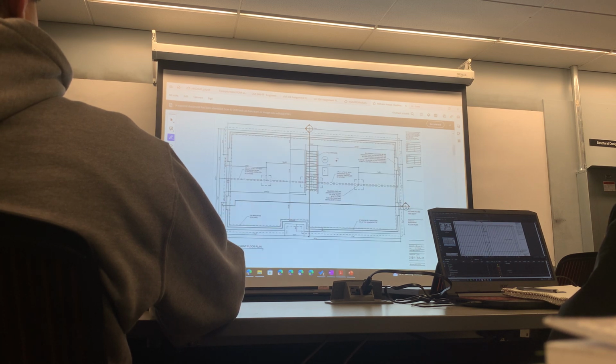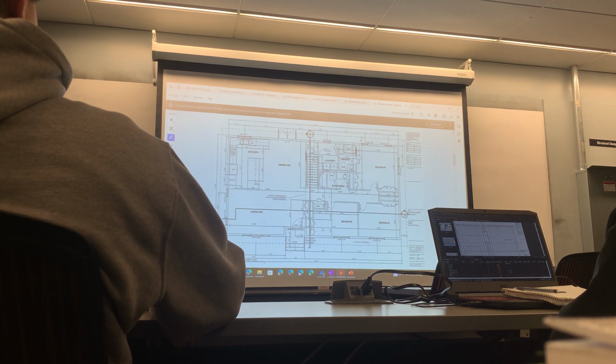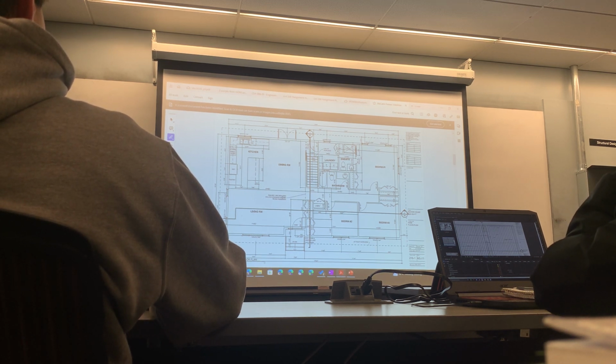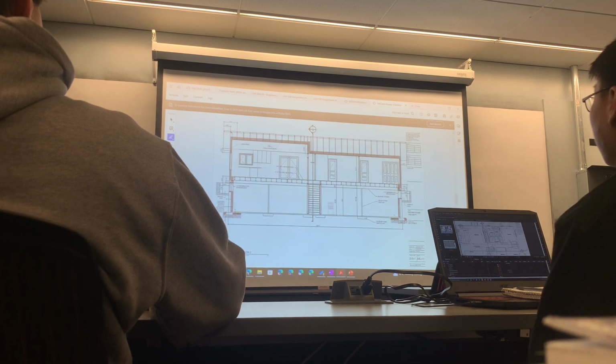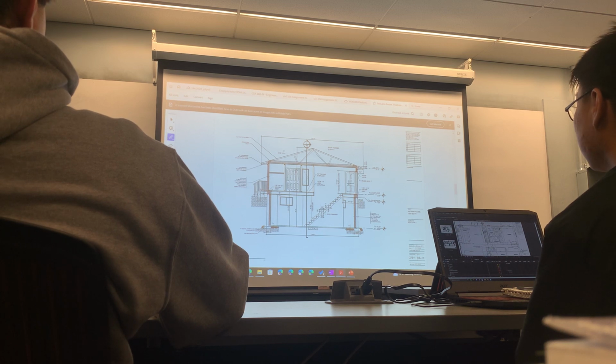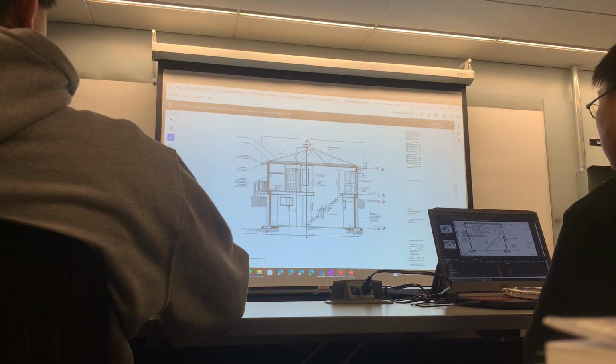So I look at the plan and I look at if there are any jogs and stuff like that. Notice this dashed line indicates a vaulted ceiling. Alright, so to get more information, we go to the sections. Here's a section through the north and south walls, running east-west. The trusses are sitting on them.